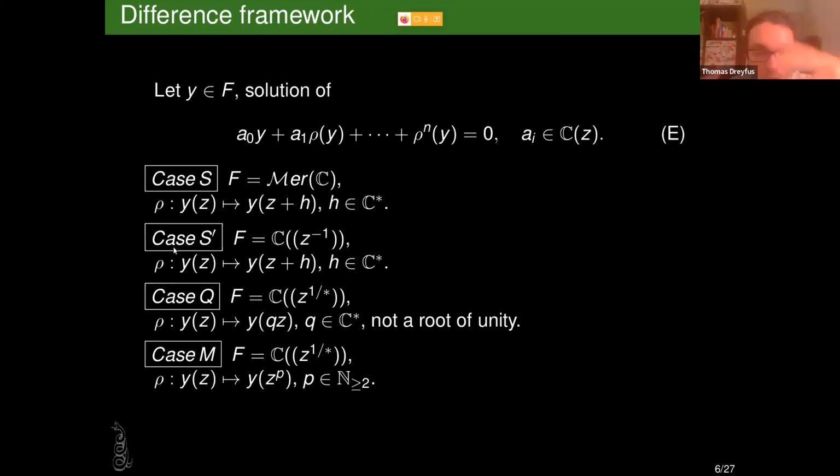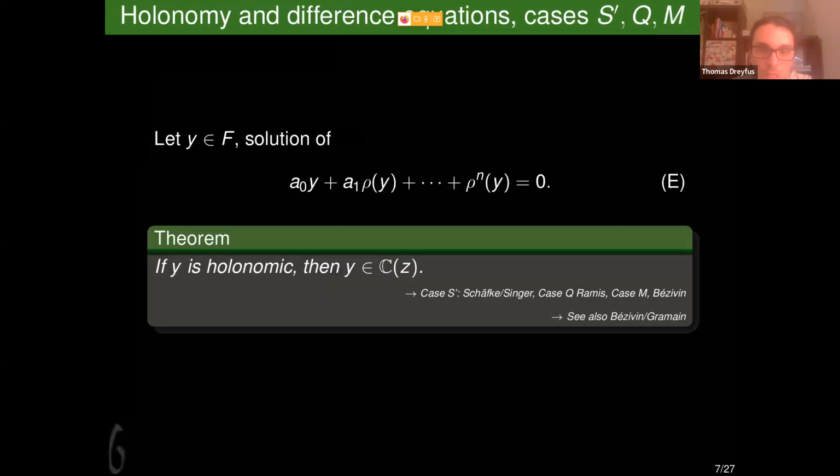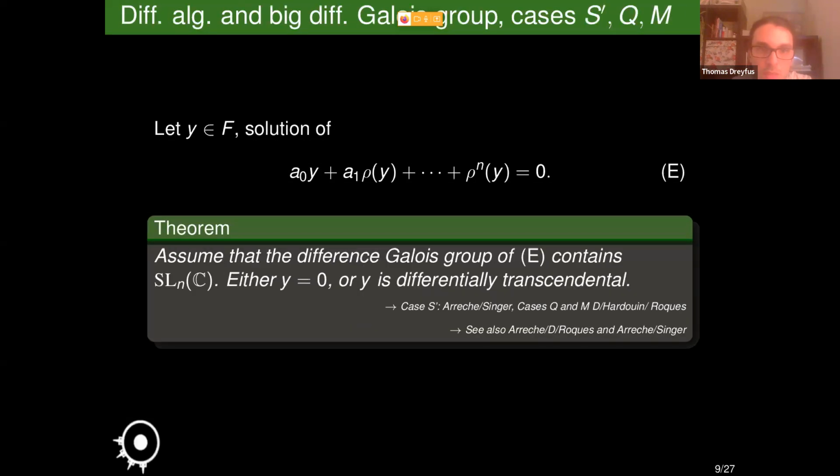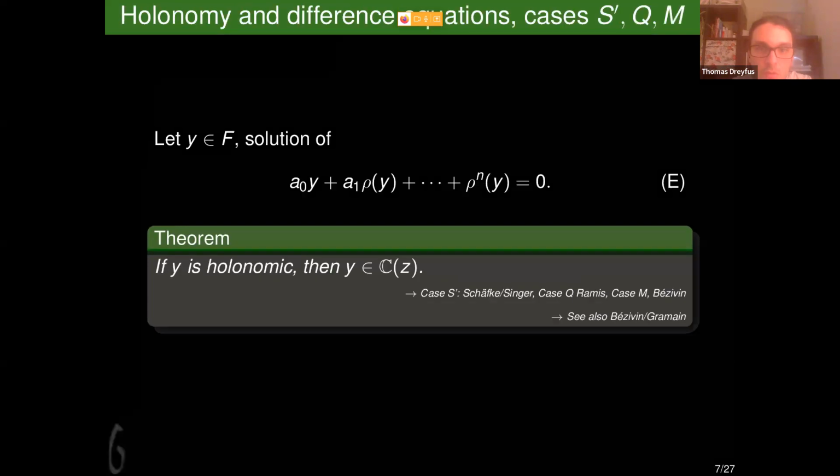So we will have the same kind of problems as in the case S. It might be not too trivial because at some point I need this theorem, the dichotomy between being holonomic, non-holonomic, and being trivial for the case Q prime.